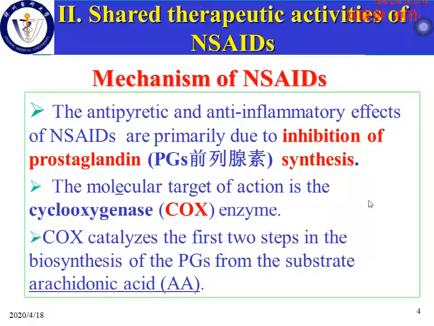The molecular target of action is the cyclooxygenase enzyme. The abbreviation of cyclooxygenase is COX, so that's why we often use COX to describe this enzyme. COX can catalyze the first two steps in the biosynthesis of the prostaglandins from the substrate arachidonic acid.